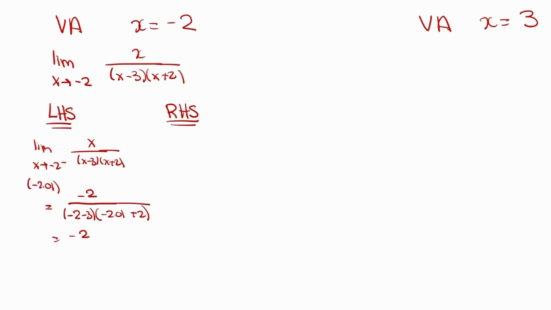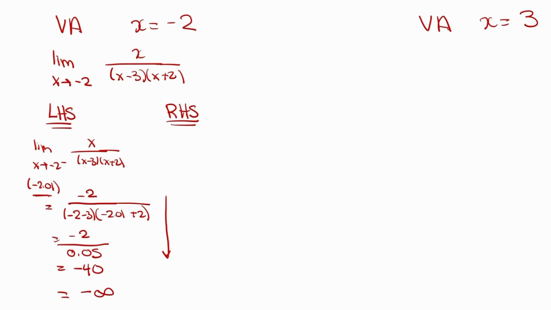So we get -2 over 0.05, which gives me a limit here of -40. We can see that if we kept making this number closer and closer to -2, we are going to get closer and closer to -infinity.